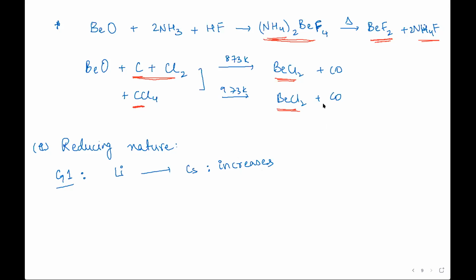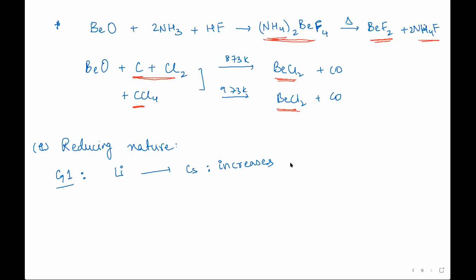Lithium, ma'am. But reducing nature increases as you go down the group, so it should be cesium. Ma'am, shouldn't it decrease as you go down the group?